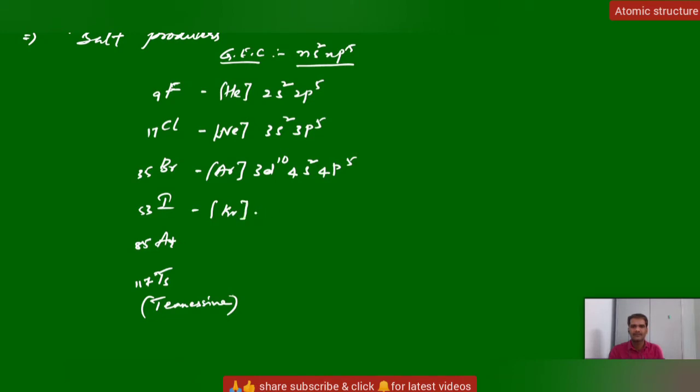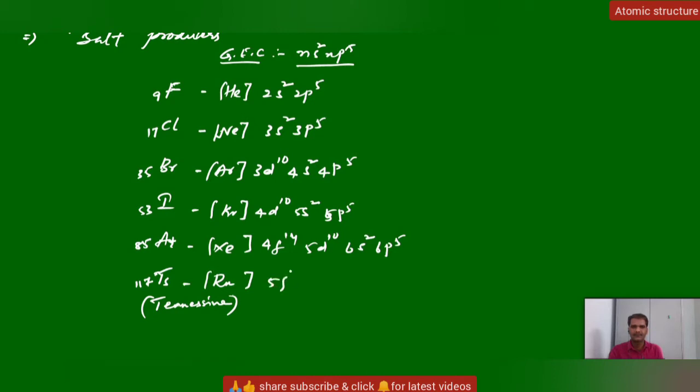Iodine, krypton core, 4d10 5s2 5p5. Astatine, xenon core, 4f14 5d10 6s2 6p5. Tennessine, radon core, 5f14 6d10 7s2 7p5. These are the electronic configurations.